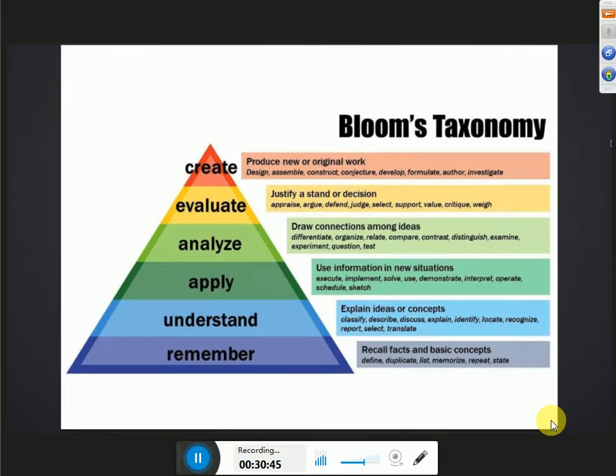So the Bloom's taxonomy is the one that I want to spend a couple of minutes on. We do show some of the applications, but if you look at Bloom's taxonomy, there are a variety of figures, graphics.